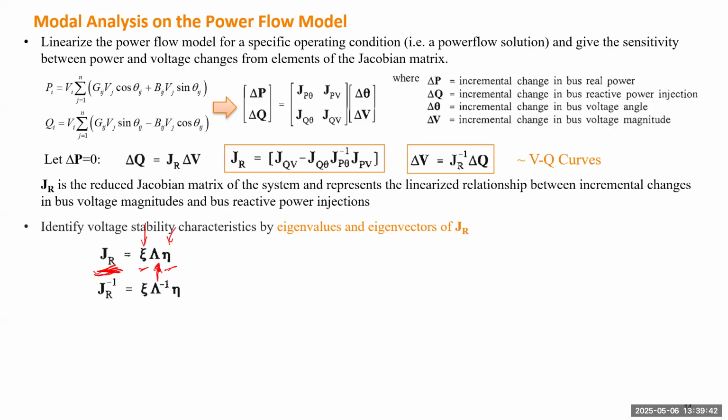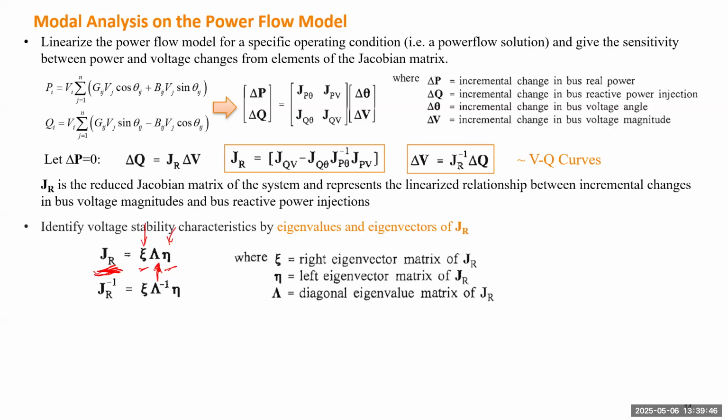And the Kasai will be the left eigenvector, and eta will be the right eigenvector. Oh, Kasai will be the right eigenvector, and eta will be the left eigenvector, because by definition, Kasai is a right eigenvector, so it will be a multiply from the right.